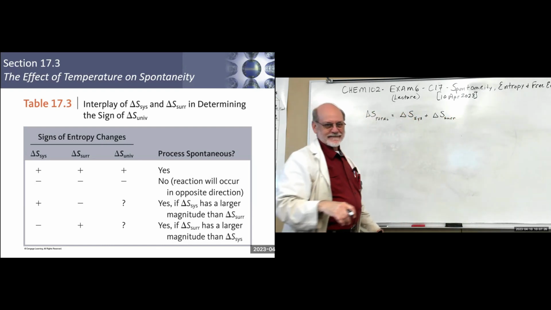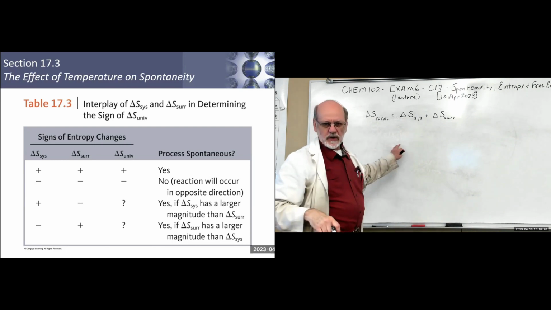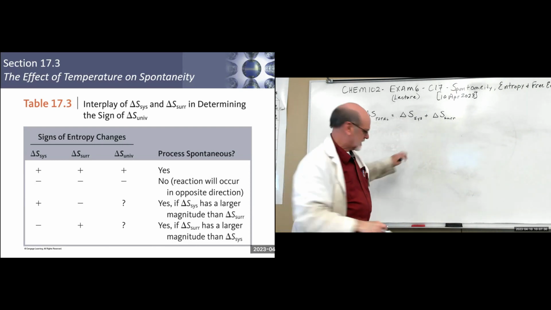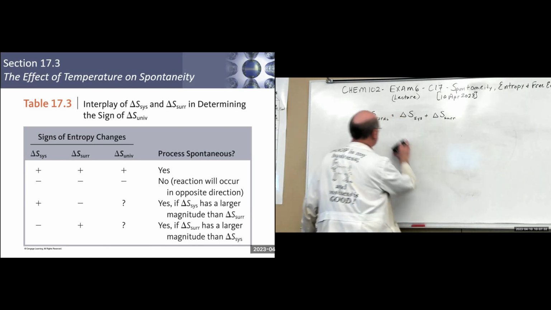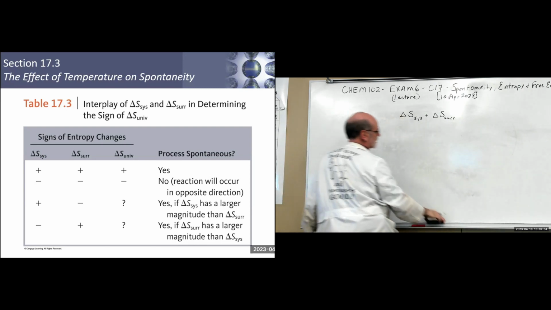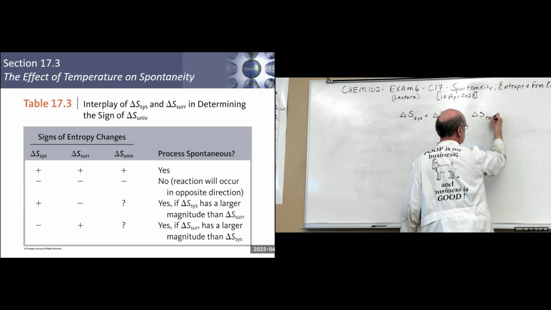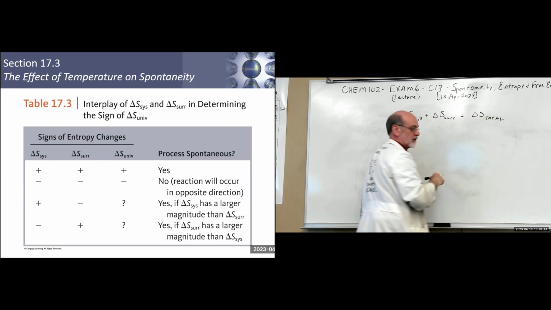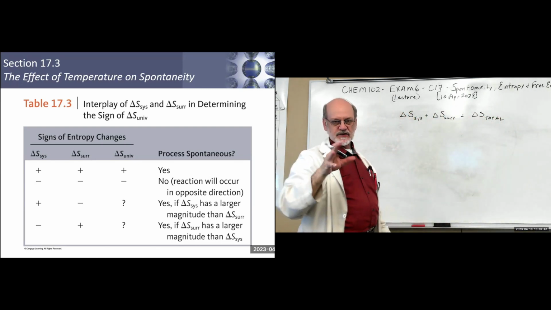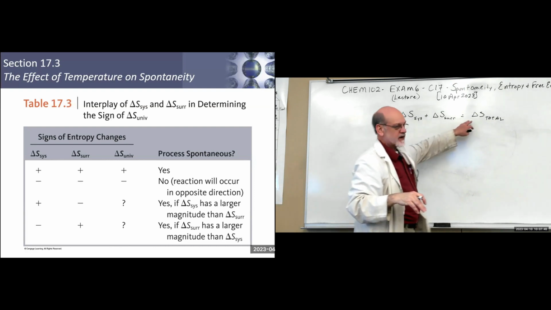Actually, let me put them in the same order they have them. Only I'm going to identify ours as total. The slide has it as universe, but we're actually talking about total.